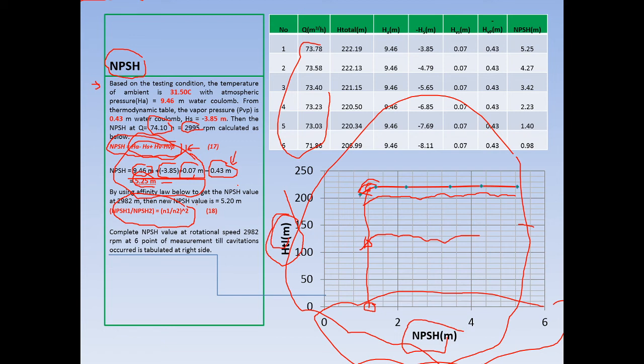Yeah, just for simple calculation, usually NPSH available on the field is simply the distance of the pump to the bottom side of the reservoir.